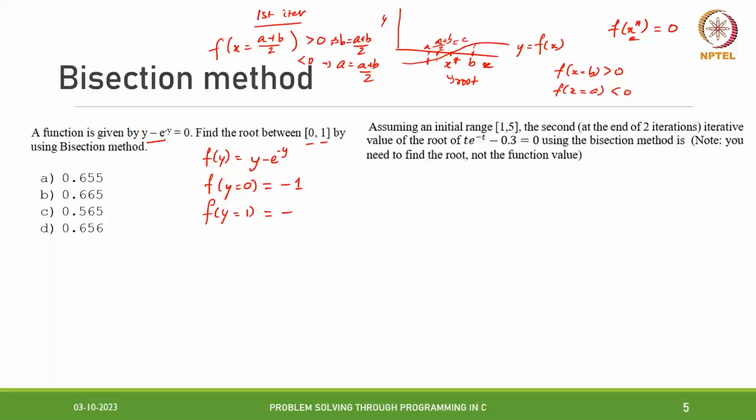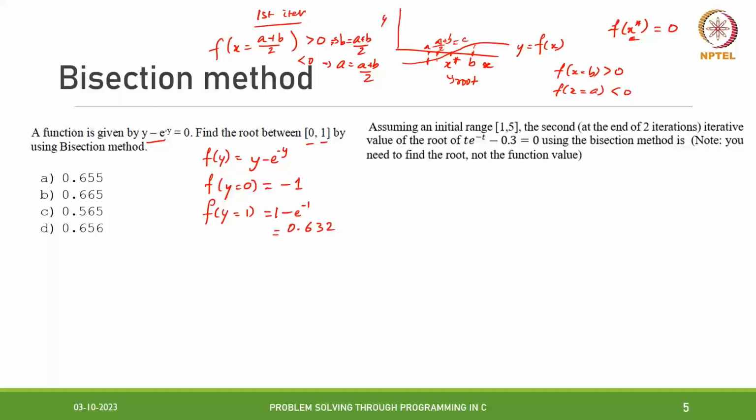It's e to the power minus 1, right? It will definitely be positive. So 0.632, something like this.